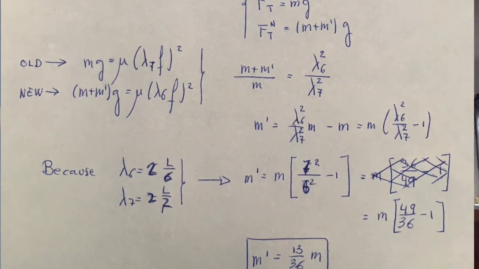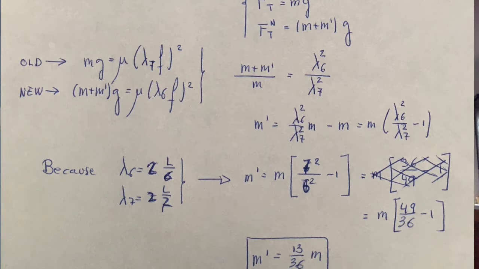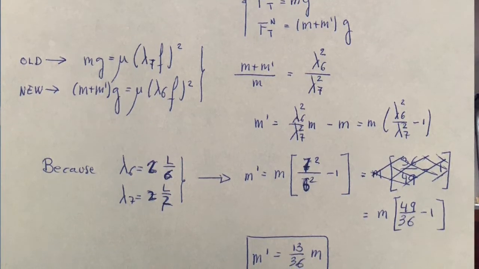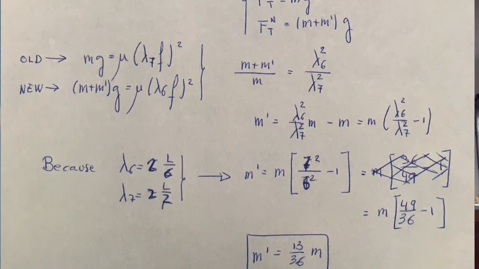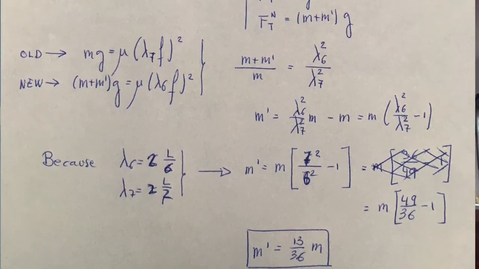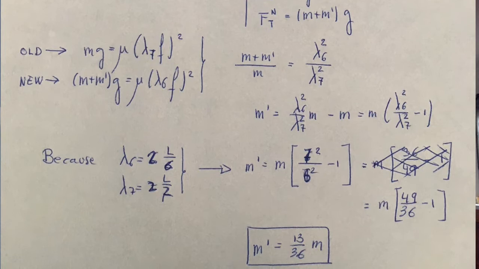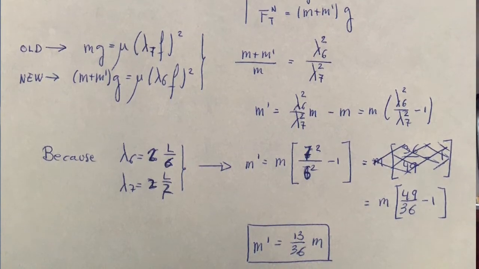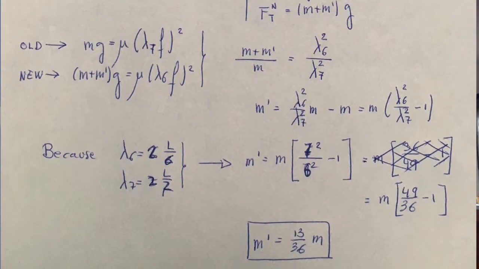We solve for the mass prime, that is what we're looking for. M prime is the ratio lambda 6 squared over lambda 7 squared times the mass, minus the mass. Then we factor out this mass, so it's mass times parentheses lambda 6 squared over lambda 7 squared minus 1.